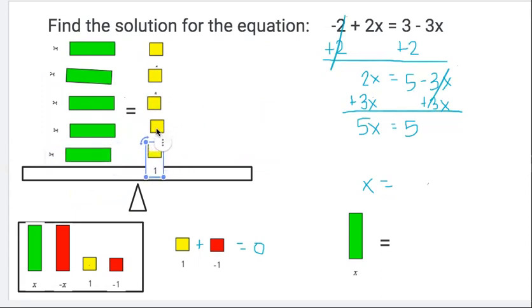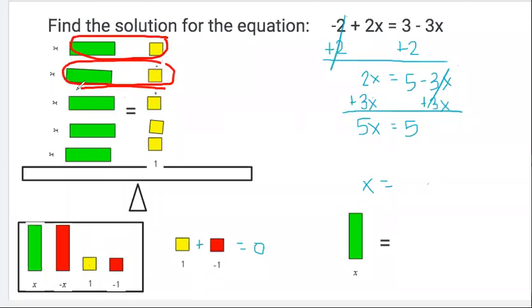Okay, so I divided it into 5 groups. There we go. So I have 1, 2, 3, 4, and 5. So I divided it into 5 groups.